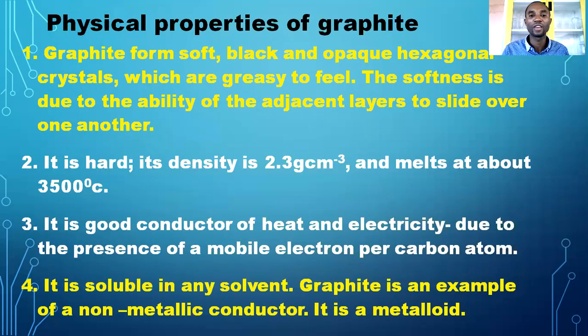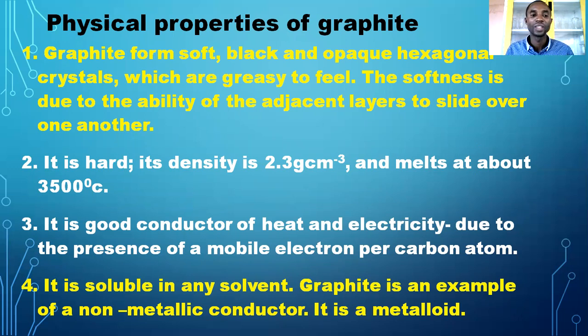All right, now let's look at the physical properties of graphite. Graphite forms soft, black and opaque hexagonal crystals, which are greasy to feel when you touch them. The softness is due to the ability of the adjacent layers to slide on one another. Of course, we saw the layers and the van der Waals forces that are holding them, so it's soft and easy to slide.